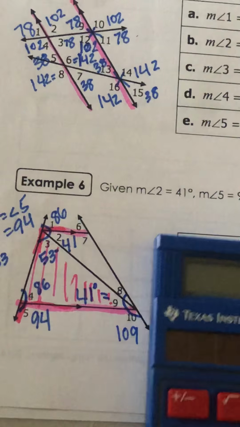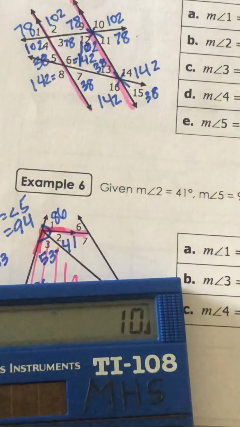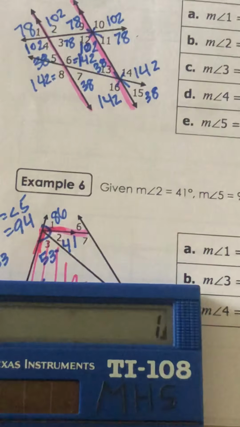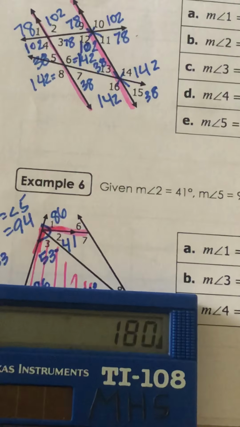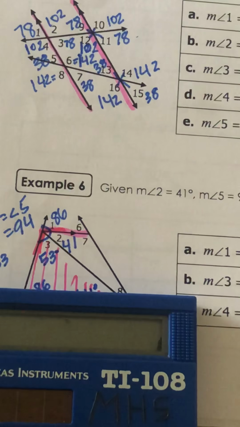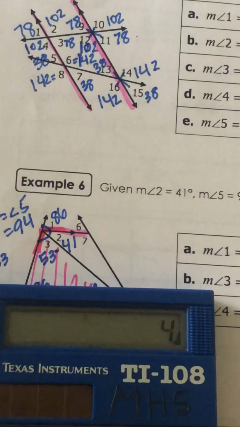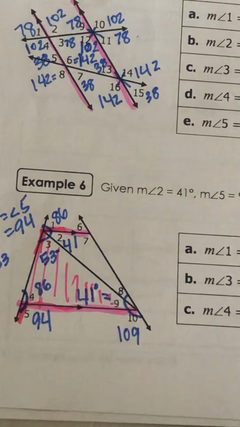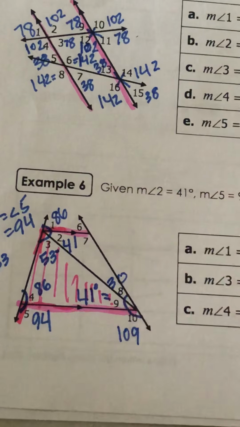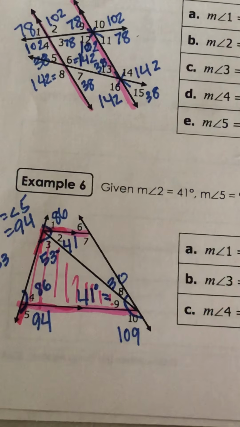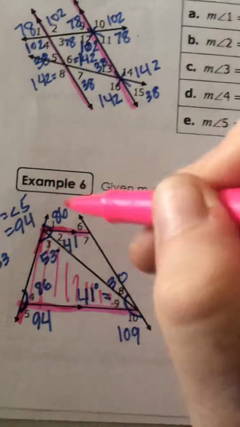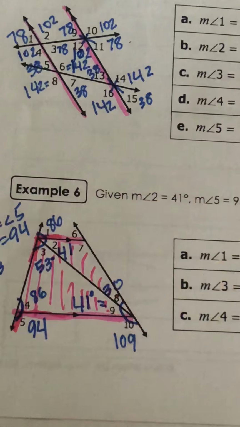Okay, so angle 8, I'll do 180 minus 109 minus 41, 30. So angle 8 is 30. All right, and now we have another triangle up top. With angle 2, 7, and 8, I'll make a triangle too.